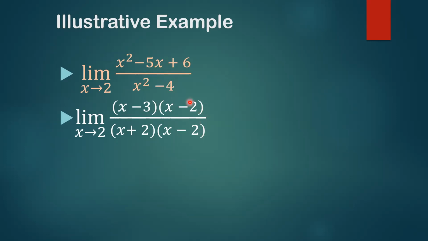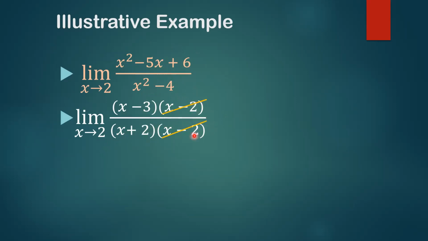So, we considered factoring. So, factoring the numerator, we have x minus 3, x minus 2. Make sure your factors are correct. Yan. So, that's a very important prerequisite skill. Dito naman, this is a difference of 2 squares. So, square root nila, x and 2. Sum and difference of their square roots. Okay? So, magka-cancel yung x minus 2.